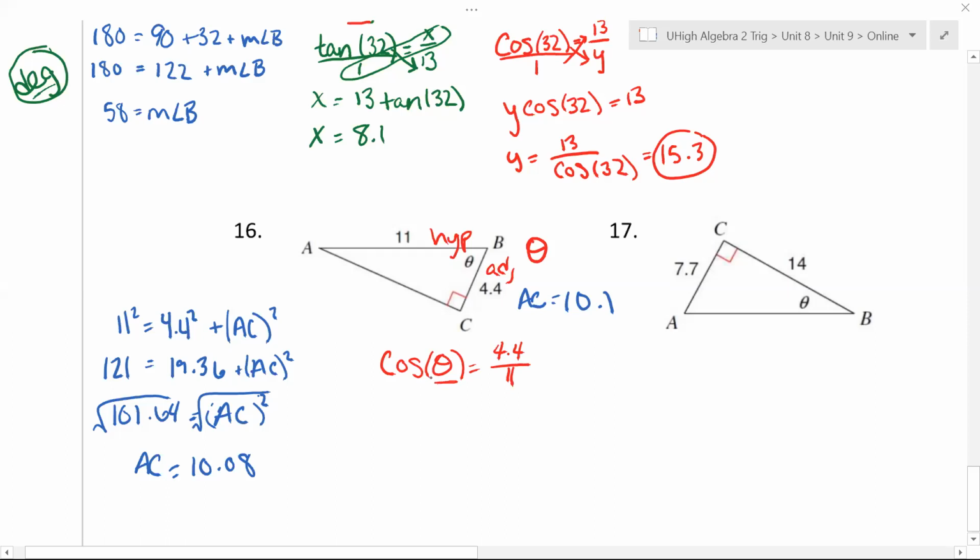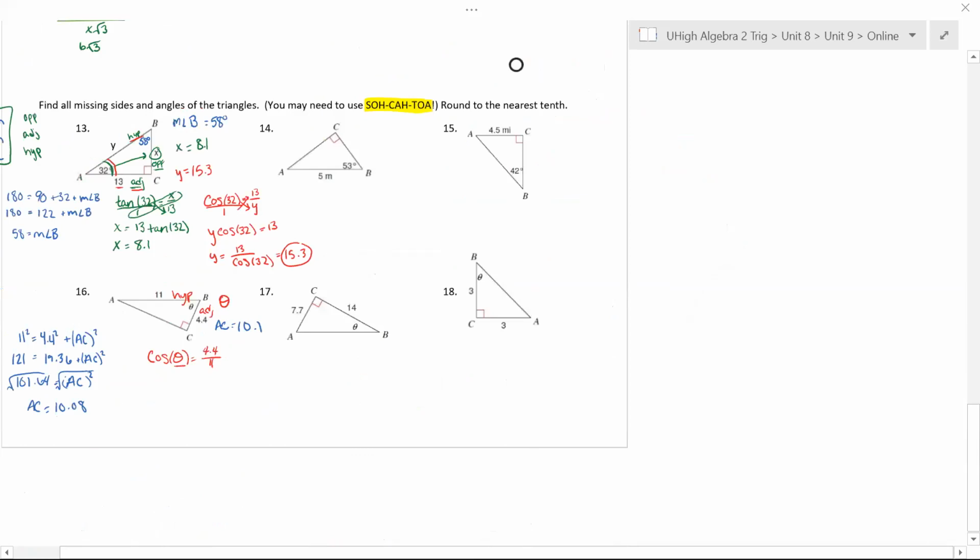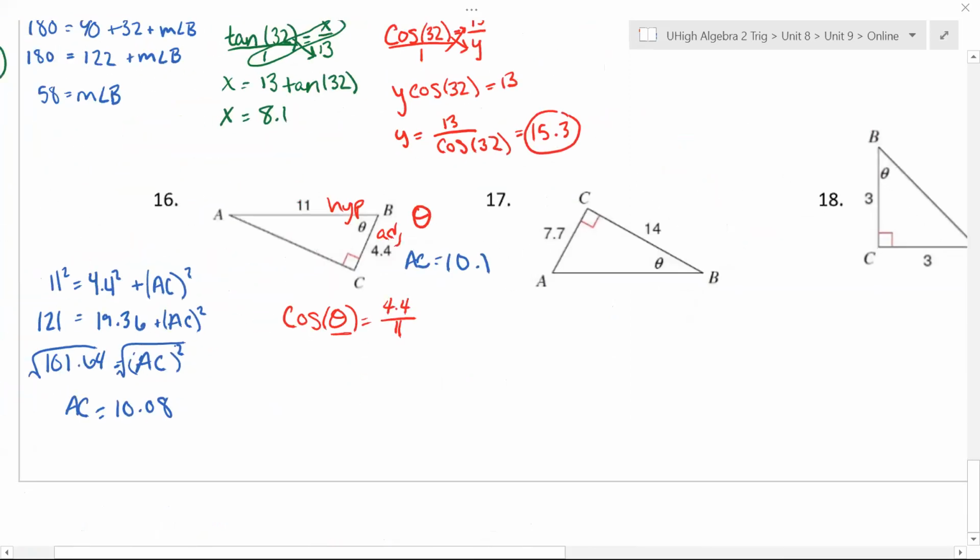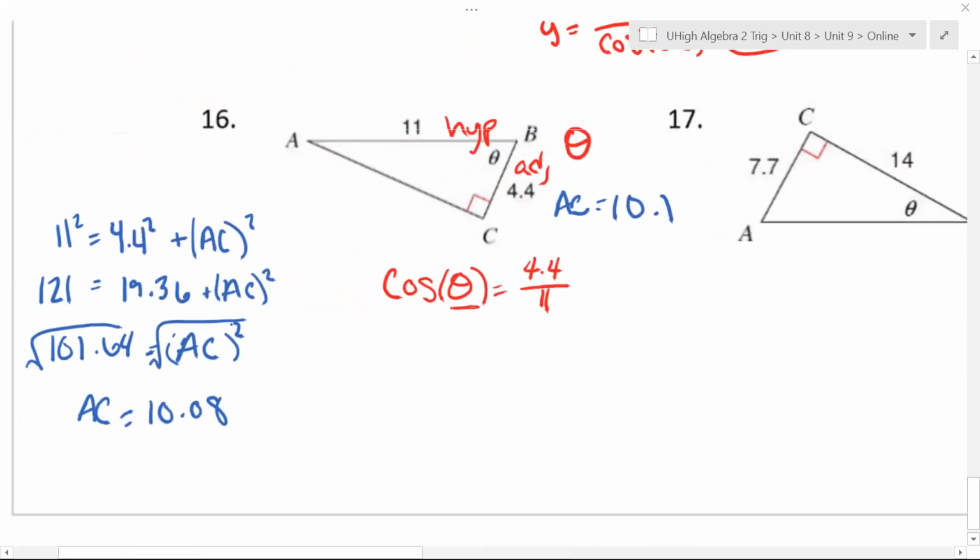Just like when we were working with logarithms, we remember that whatever's on the inside, we can't just multiply and divide to get rid of. We actually have to use that inverse function. Just like with logarithms we had to use exponentials, with cosines we have to use the inverse cosine to solve this.